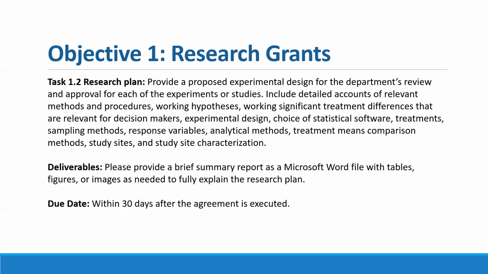It's going to include things like relevant methods and procedures, working hypotheses, experimental design, the choice of statistical software, treatments, sampling methods, anything like that that relates to how the actual experiments are going to be carried out. For the research grants, the associated deliverable is going to be a brief summary report, including any tables, figures, images that are needed to fully explain the research plan. And the due date is going to be within 30 days of the grant being executed.